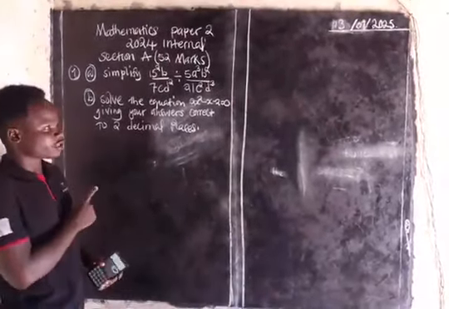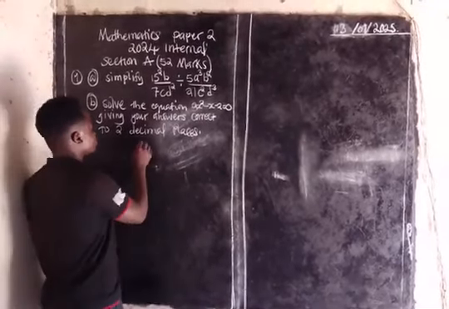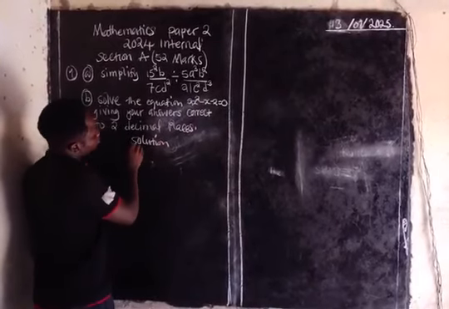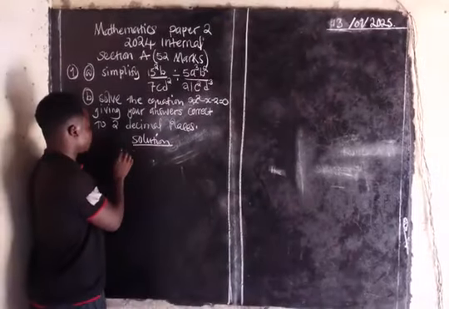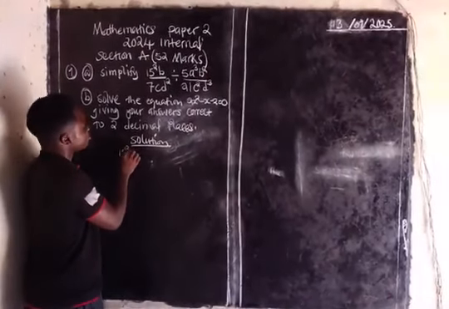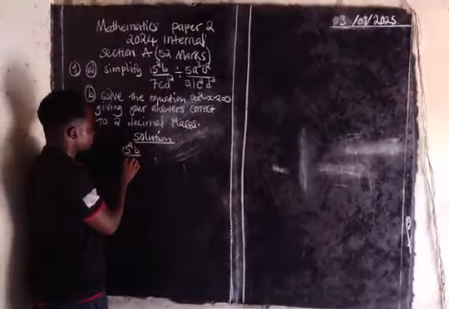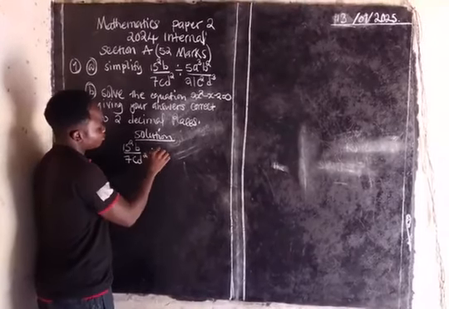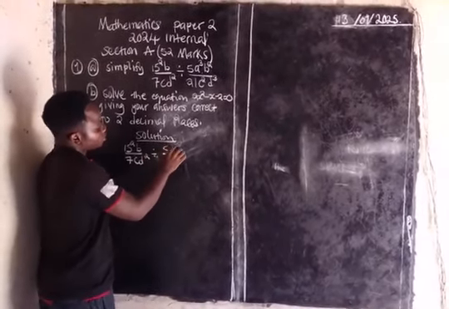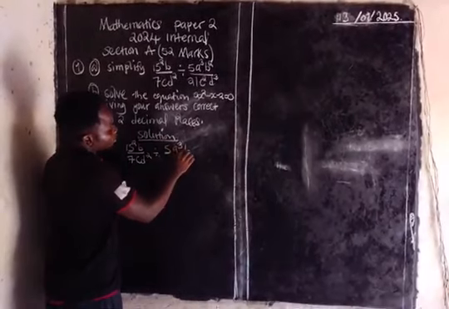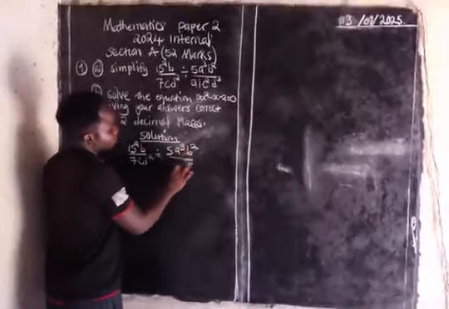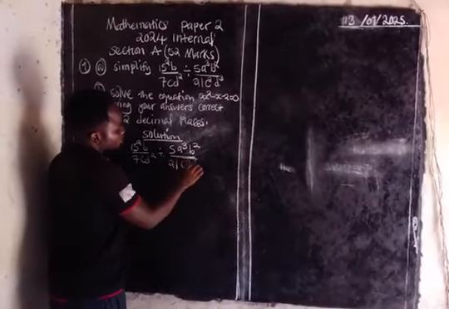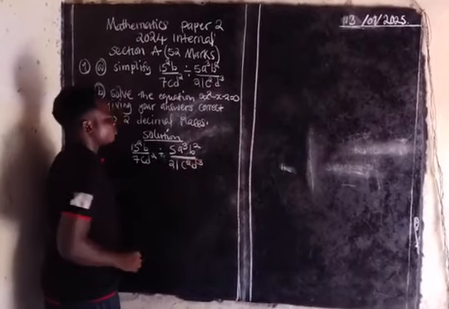So how are we going to simplify this? Solution: we have 15a squared b over 7c d squared divided by 5a cubed b squared divided by 21c squared d cubed.